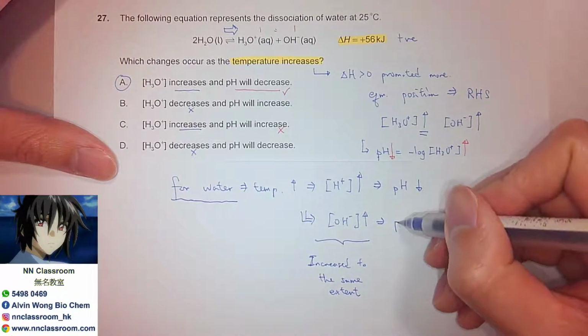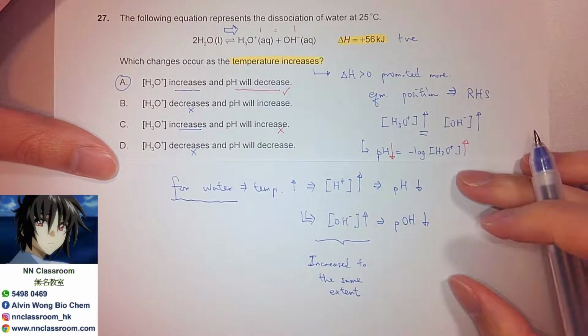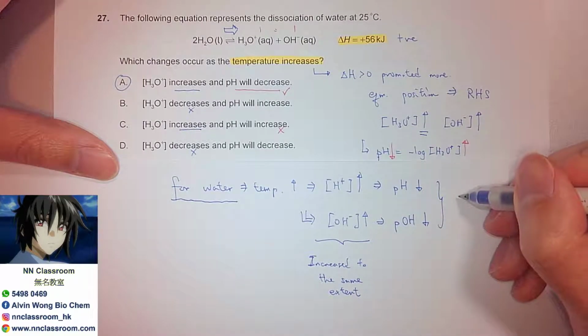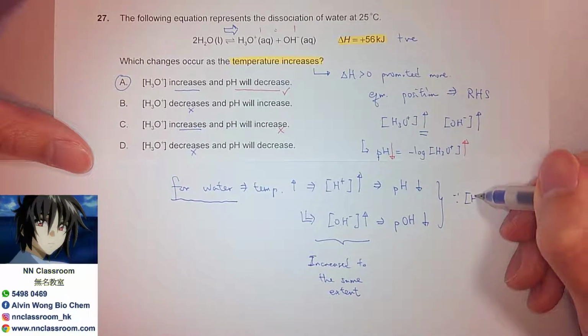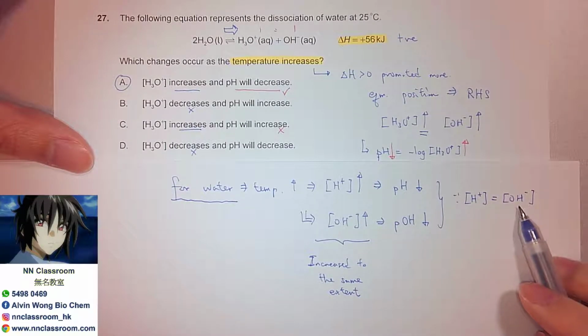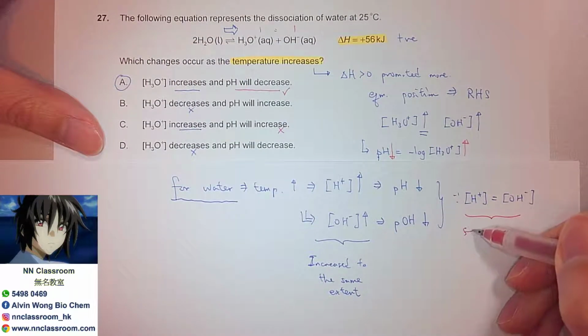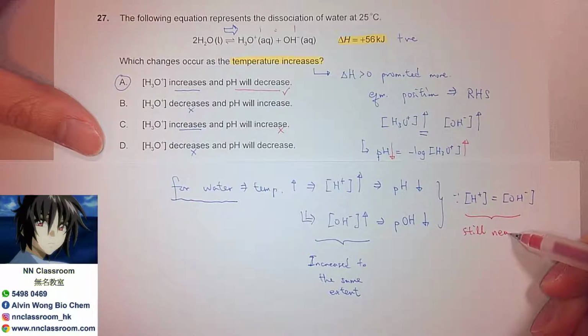So that's why the pOH is actually also decreased, and both decreased to the same extent. So at the end I'm still achieving the same proton concentration as the hydroxide concentration. So that's why all in all water is still neutral.